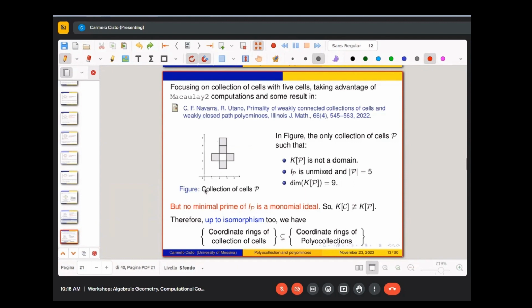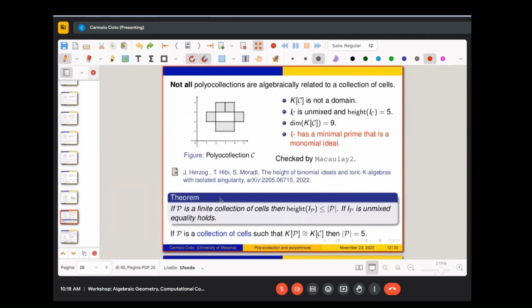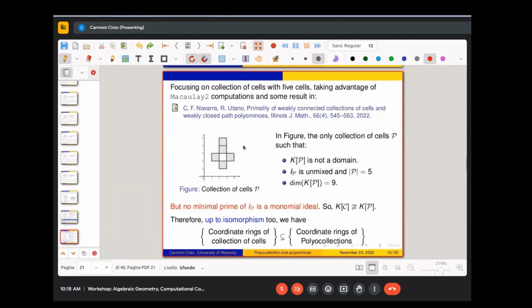But computing its minimal primes, we find that no minimal prime is a monomial ideal, against the previous one that has a minimal prime that is a monomial ideal. So the coordinate rings of these two collections are not isomorphic.